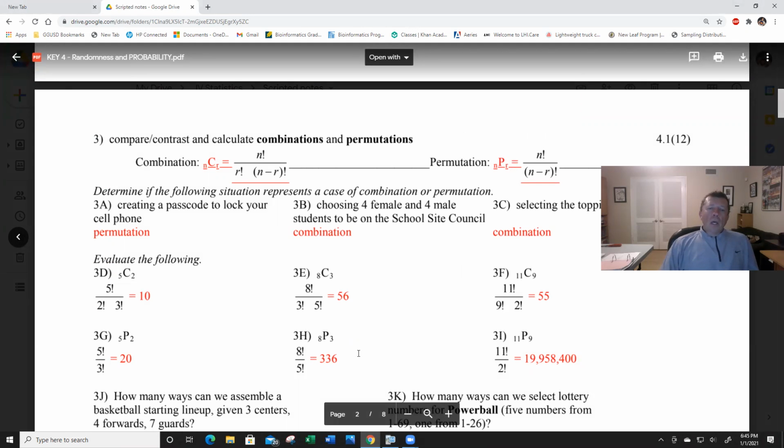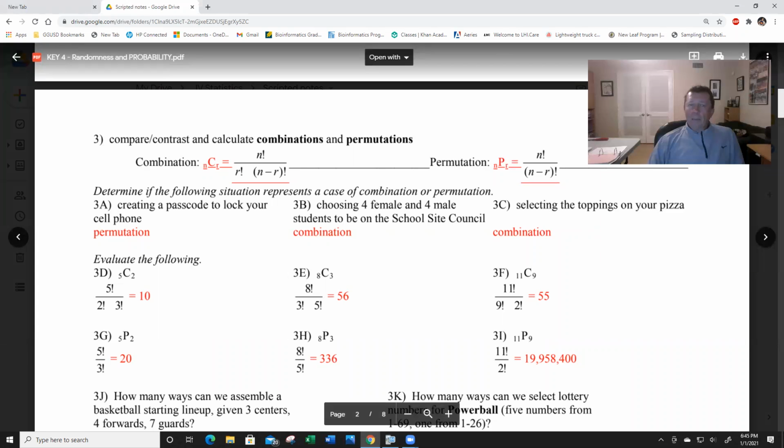Now for 3E, 8 combination 3, 8 choose 3. How many ways can you have 8 things and choose 3 of them? Again, you could go to Pascal's triangle. I don't have row 8 memorized, so that would be a little bit harder for me.